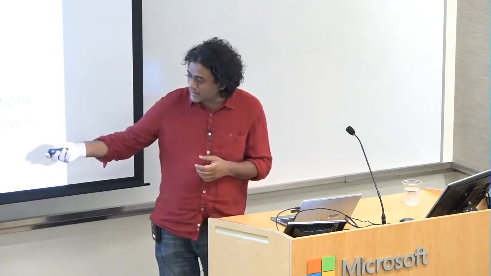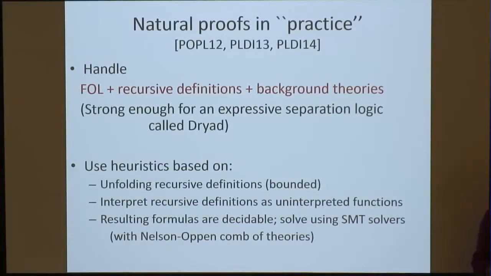And so what we do is basically unfold the recursive definitions. If I have the recursive definition of a list, I would just unfold it a few times, and then interpret the recursive definitions as uninterpreted functions. I'm in a refutation-based context, so I'm looking at a formula and trying to prove it's valid by showing its negation is unsatisfiable.